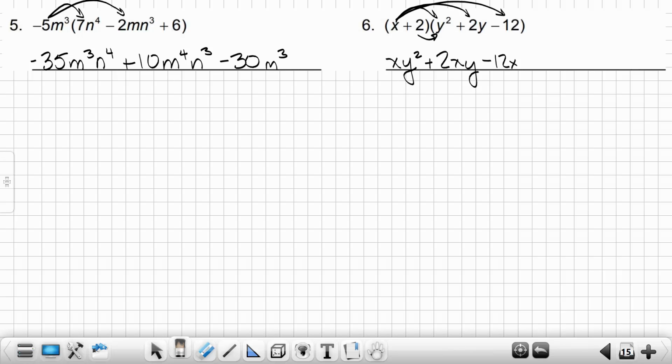Are there any other just y squareds up here? No. So it just keeps on getting added on to the end. Any just y's here? So nothing ended up combining, and Bethany's completely right.